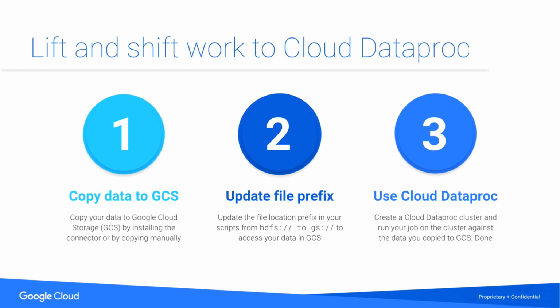For example, if you're using HDFS and your data is in Google Cloud Storage, you just need to change the prefix from HDFS to Google Cloud Storage, and you're good to use Cloud Dataproc. This is the simplest and the most effective way, and probably the only way I would say, of lift and shift to Cloud Dataproc.